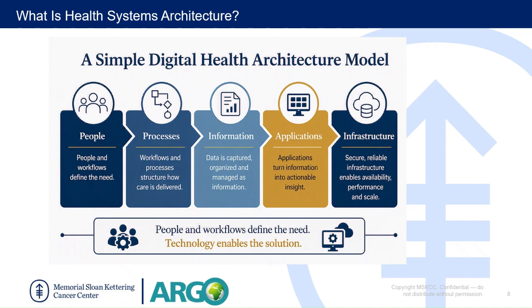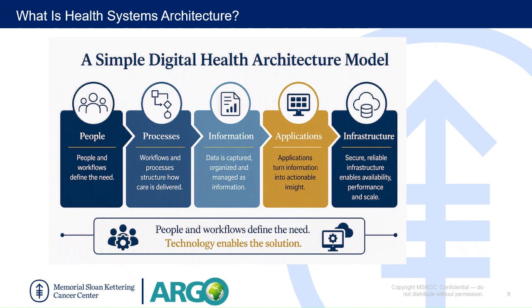One of the most common mistakes in digital health projects is to begin with technology. So we ask, oh, what EHR should we buy? Should we buy Epic? Should we buy Cerner? Should we move to the cloud or host this locally? But an informaticist approaches the problem differently.